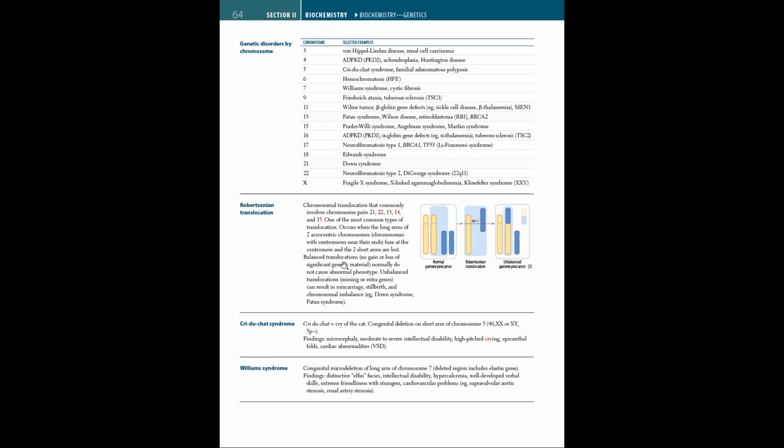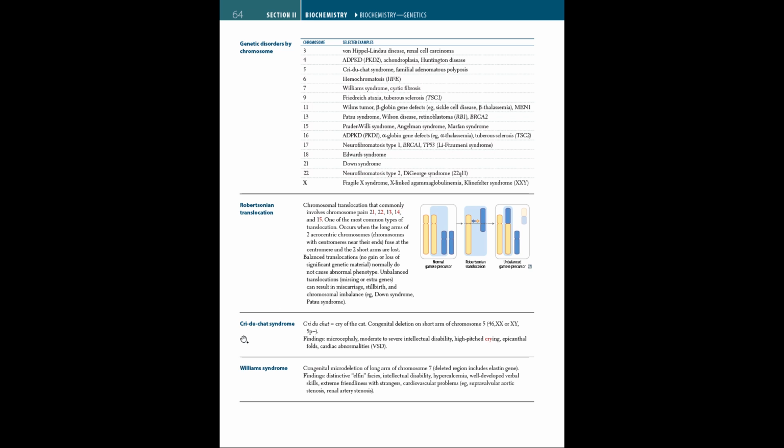Balanced translocations, where there's no gain or loss of significant genetic material, normally do not cause abnormal phenotypes. Unbalanced translocations, however, which are missing or having extra genes, can result in miscarriage, stillbirth, and chromosomal imbalances, like, for example, Down syndrome and Patau syndrome.